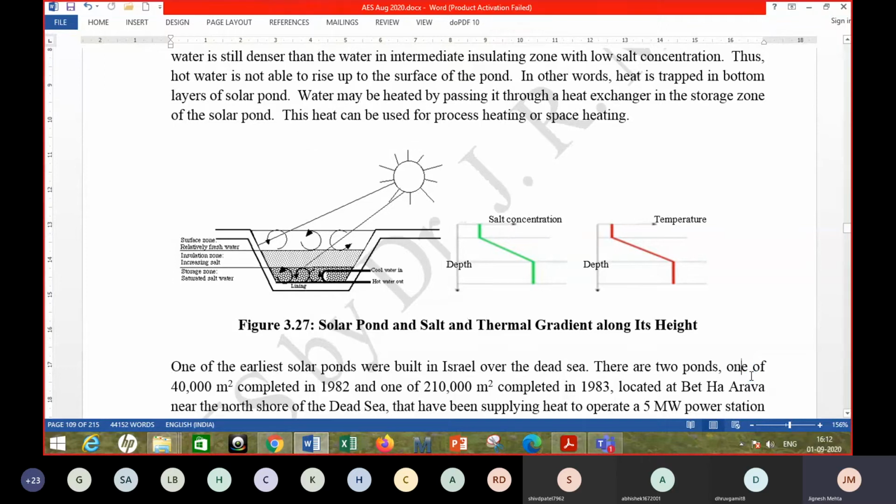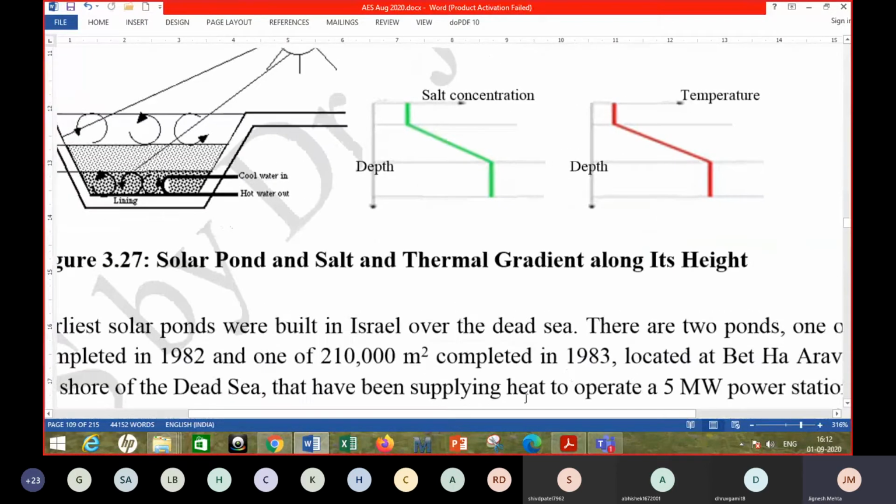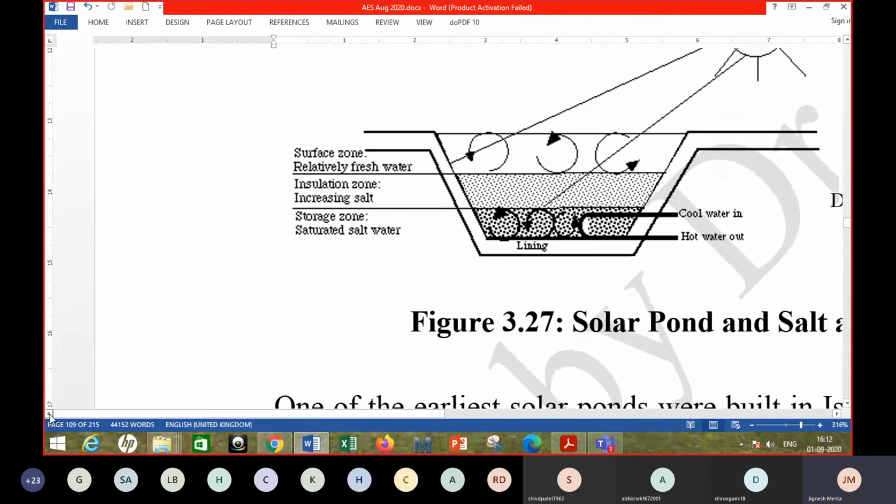Yeah, so you can see that there are 3 layers in a solar pond.